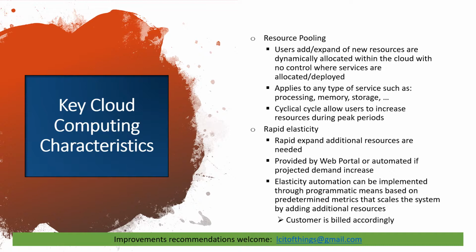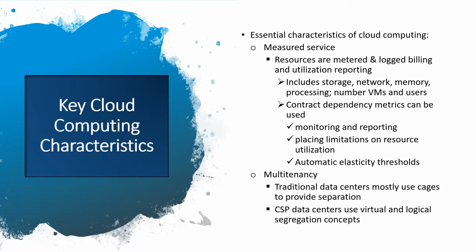Elasticity is the ability to expand additional resources as needed. That one, slide number 9. Measured services, as I mentioned earlier today in the previous slide, includes the storage, the network, the memory, the processing, and the number of virtual machines and users.